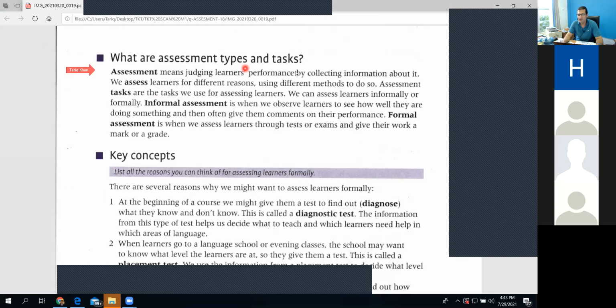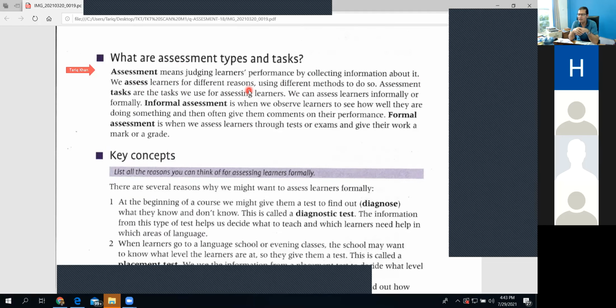What are assessment types and tasks? Assessment means judging learners' performance by collecting information about it. We assess learners for different reasons. When we judge how a learner performs, that is called assessment.